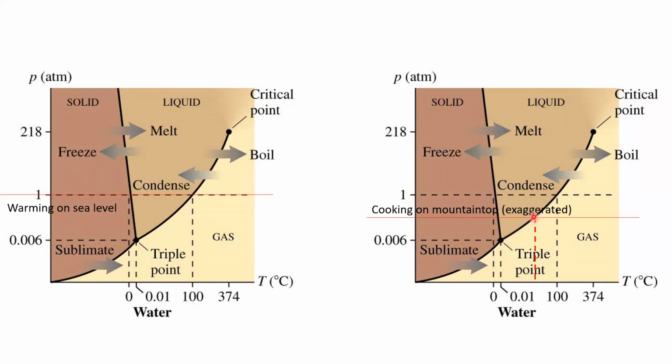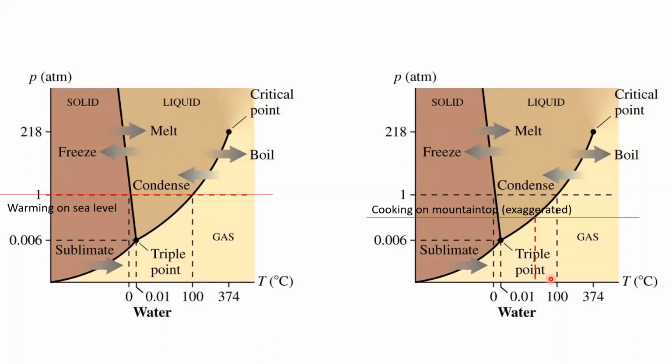Here's when it will begin transitioning to a gas. And you'll notice if you drop a perpendicular down to the T-axis, this temperature is lower than 100 degrees. So it has to do with where this horizontal constant pressure line intercepts the phase equilibrium curve between liquid and gas. And again, this is exaggerated. This looks like it's down here at 50 degrees Celsius.